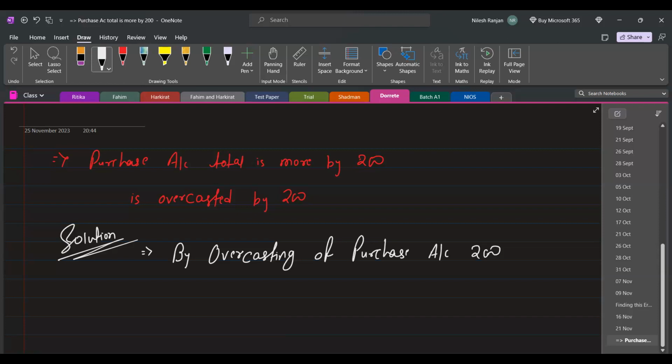There can be solutions by different methods, but you have to write a single sentence in every question, every transaction, every error of these types. We are not going to pass any journal entry, prepare any account or do any calculation in these types of questions. We just have to put a single sentence.